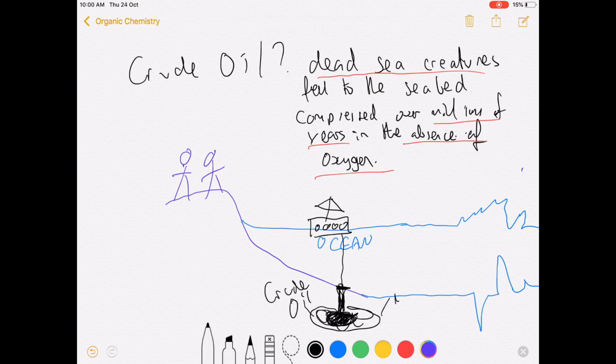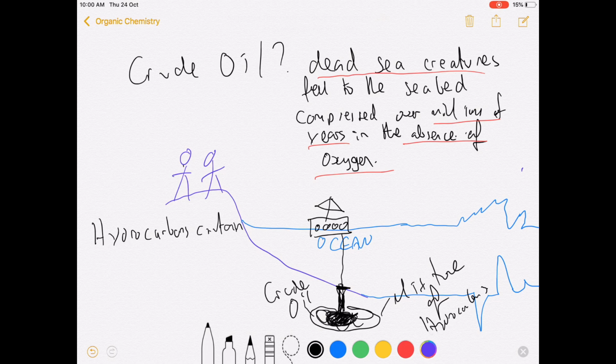Now, crude oil is a mixture. It's a mixture of hydrocarbons. Okay, hydrocarbons, that's our second mark scheme point. Hydrocarbons contain, as the name suggests, carbon and hydrogen.